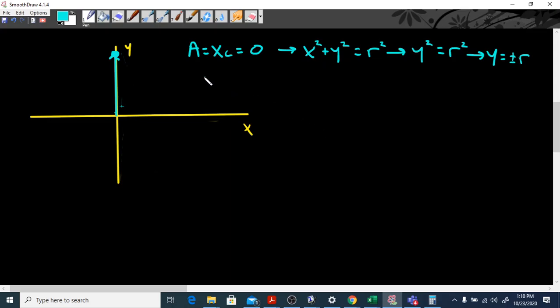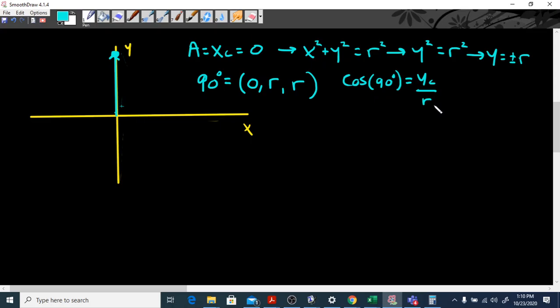So let's write down our components for 90 degrees. 90 degrees is going to have the following components. As we said, x component is 0. Y component is going to be positive r. And then the r is just whatever it is. Okay? So this gives us the information we need because the cosine of 90 degrees, or cosine of pi over 2, is going to be the y component over the r component.